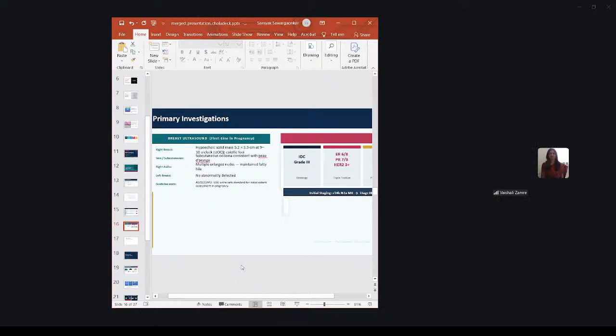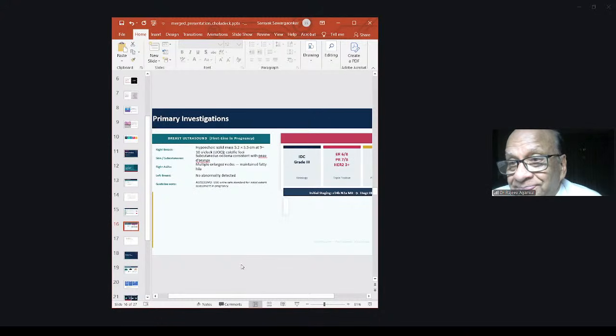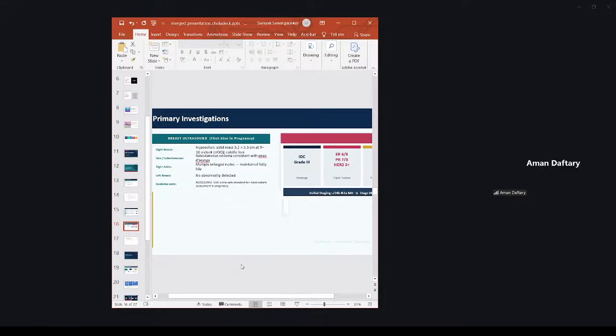But obviously, with multiple enlarged nodes, even if they have a fatty hilum, I wouldn't put the clinical stage as N0. Clinically enlarged nodes is N1. On ultrasound, what you really need to know on the nodes is the cortical thickening.